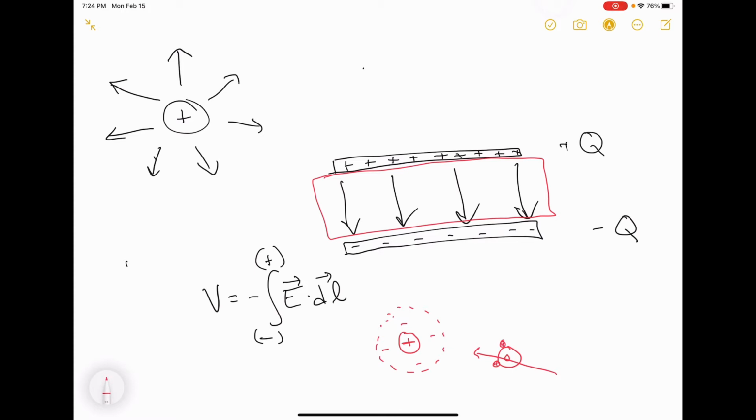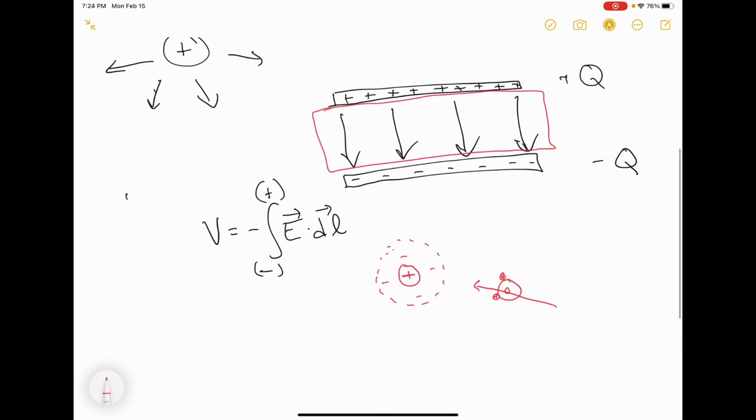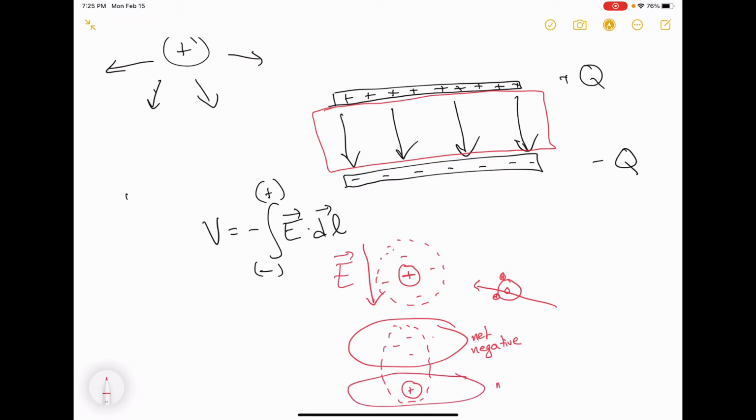That all changes when you apply an electric field. If I apply an electric field to this molecule, what happens is that the electron cloud that's around the molecule gets sort of stretched out. So it sort of looks like this now. And now there's an area up here at the top with a net negative charge, and an area down here at the bottom with a net positive charge.